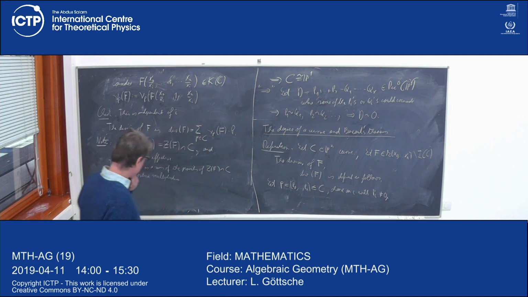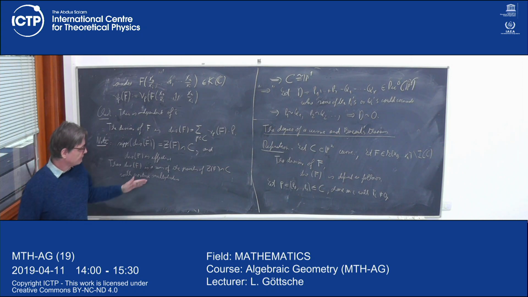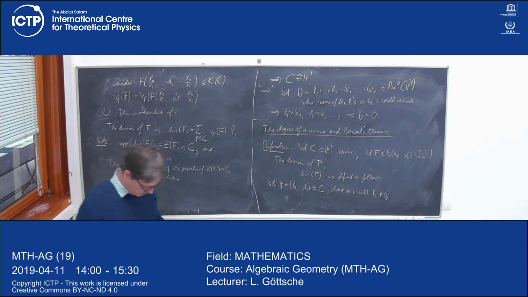In particular, the degree of this will always be bigger or equal to 0, and in fact, if these things intersect at all, the degree will be positive.